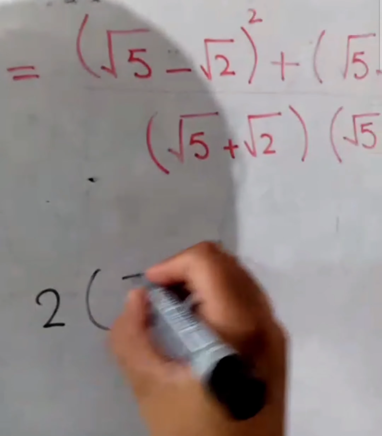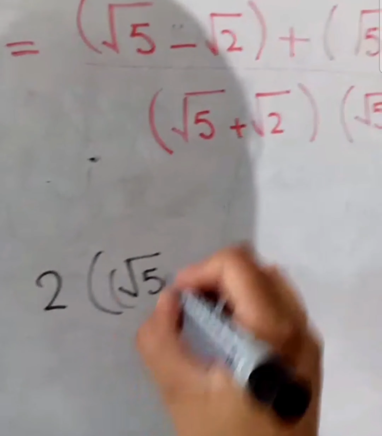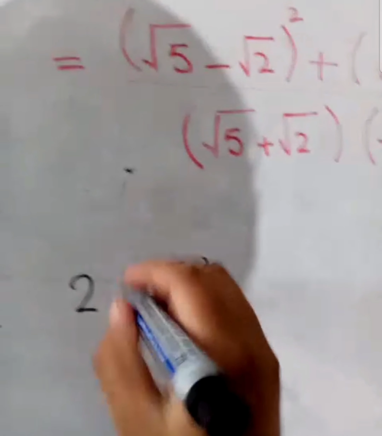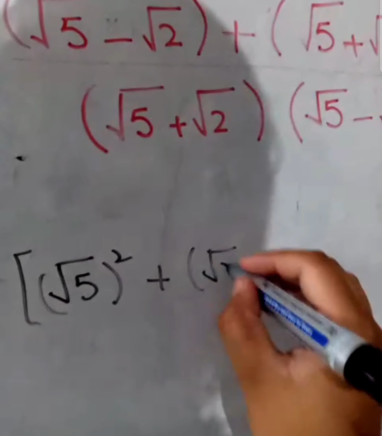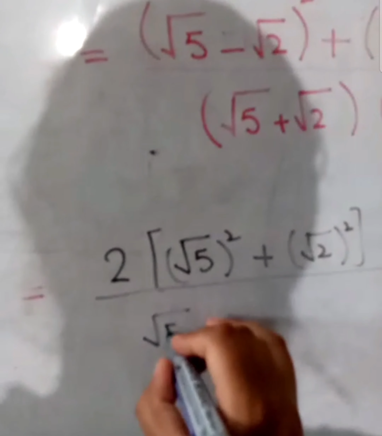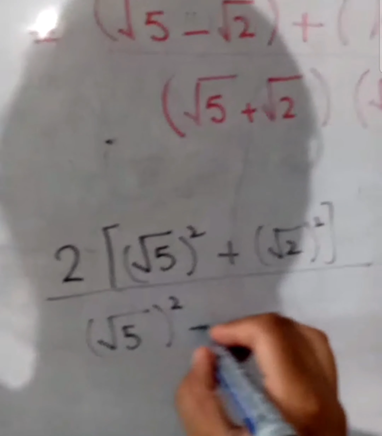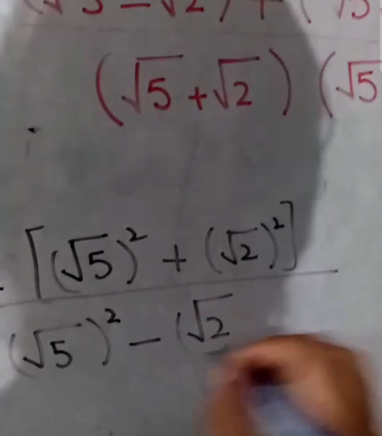2 times A square means square root 5 square, plus B square means square root 2 square, divided by A square, that is square root 5 square, minus B square, that is square root 2 square.